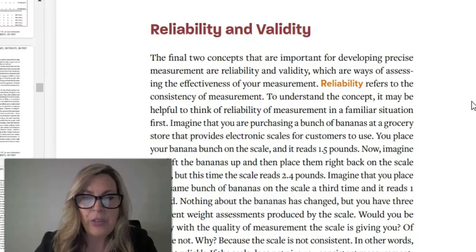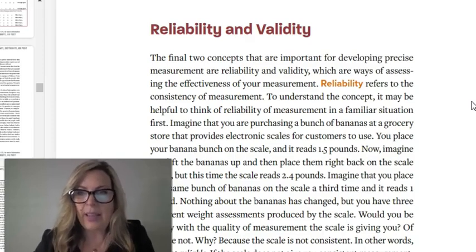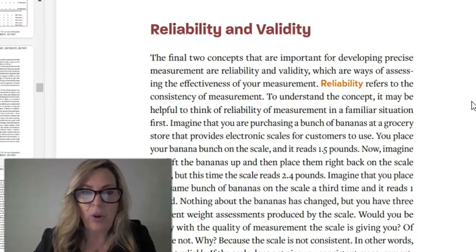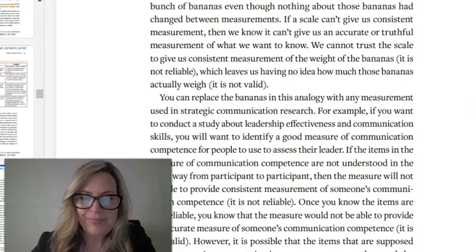And then you put it on the third time and it reads 1 pound, right? Nothing about the bananas has changed, but you now have 3 different weight assessments produced by the scale. So obviously there's an issue there, right? So this is what we're talking about, this consistency, this idea that the scale is not reliable for us to use as measurement.